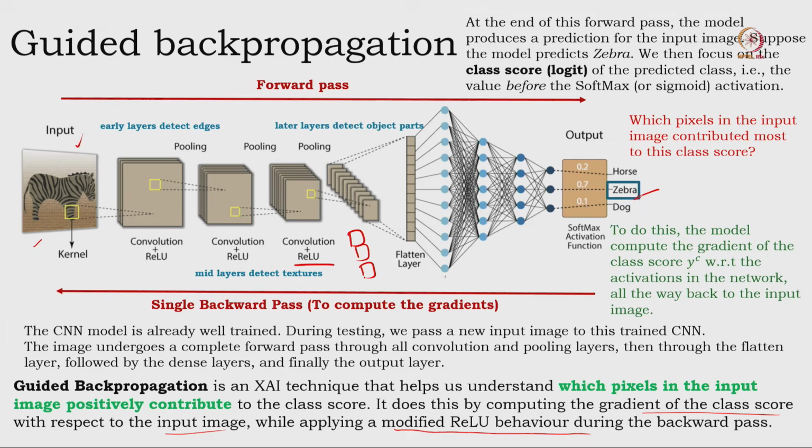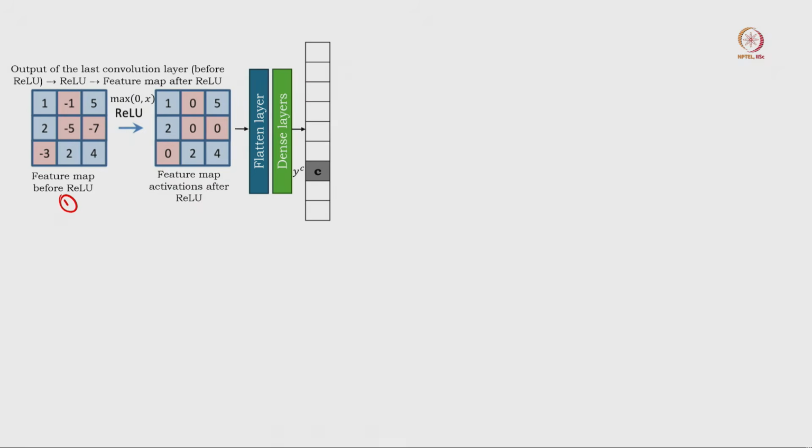Based on how many kernels we have used, we obtain that many feature maps. What we are considering here is only one such feature map. Then let us understand what will happen when we consider many. For now, remember this is one feature map of the last convolution layer.